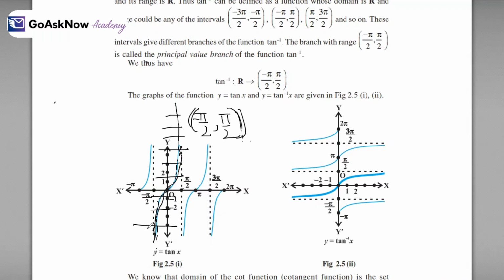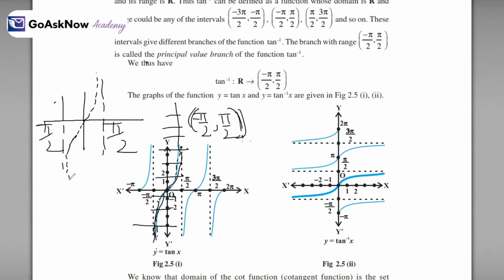Now if you want to draw the graph of tan inverse x, this is your pi by 2, this is your minus pi by 2, and this is your tan x graph.